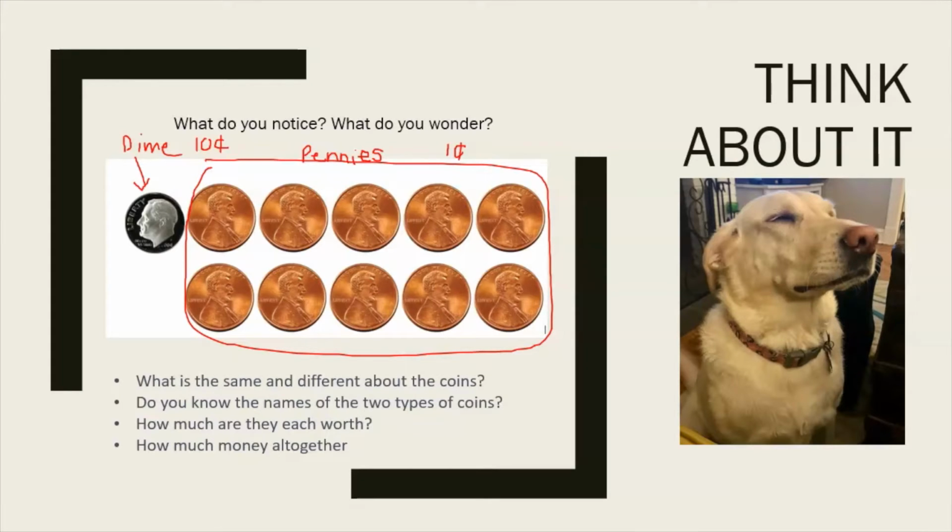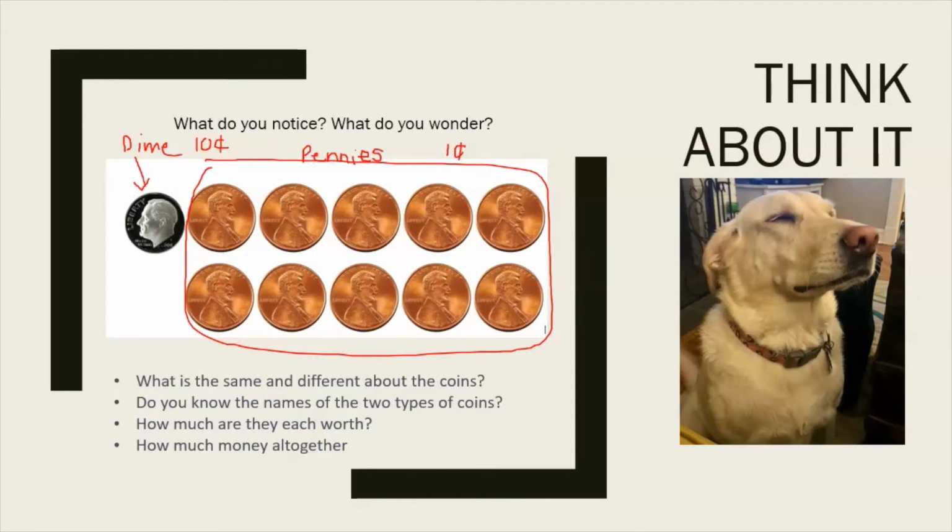What else do we notice is different or the same? Well, one thing I notice is that they're both coins. Something that's different, they're different colors. One is silver gray and the other is a copper brown color. I wonder how much they're worth altogether.